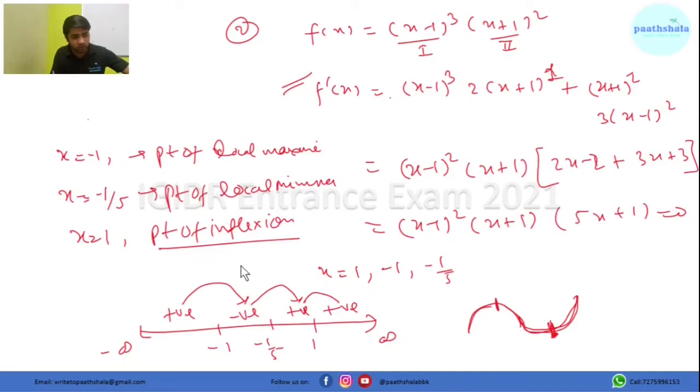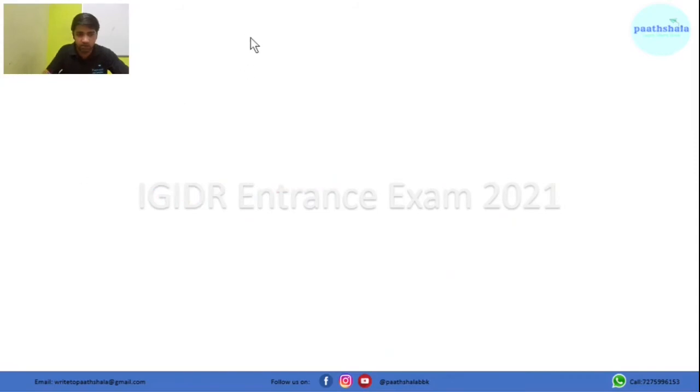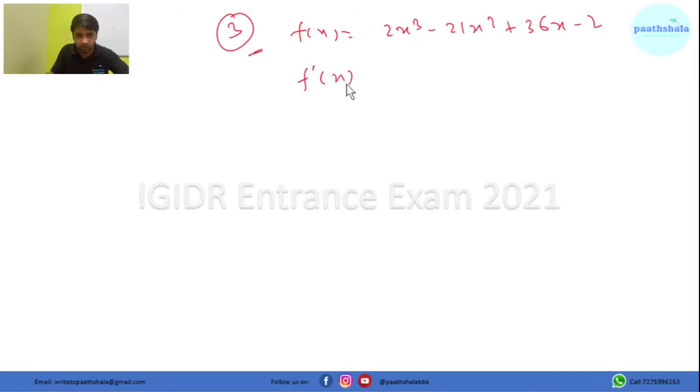That is question number 3. So here we have question number 3. In this question we have f(x) equals 2x cube minus 21x square plus 36x minus 2, and here f dash x will come out to be 6x square minus 42x plus 36.